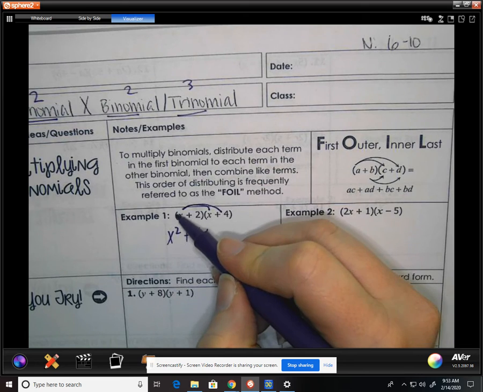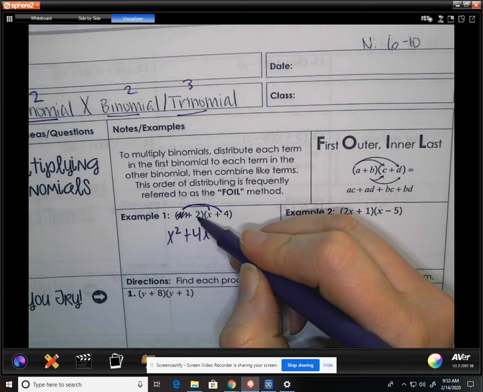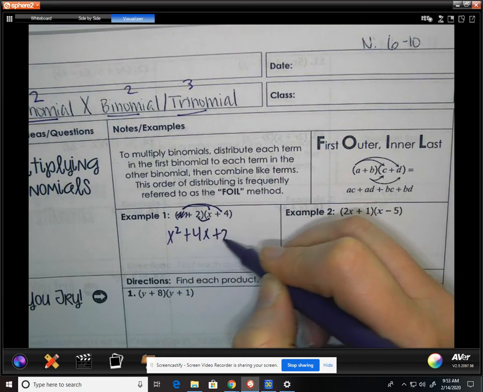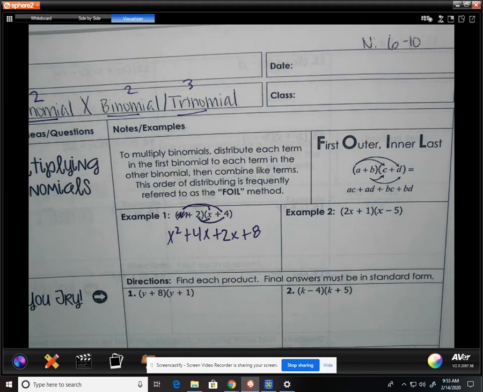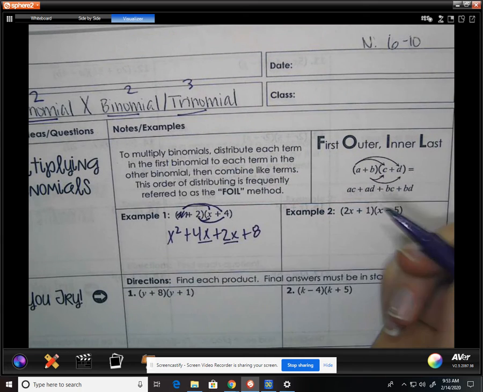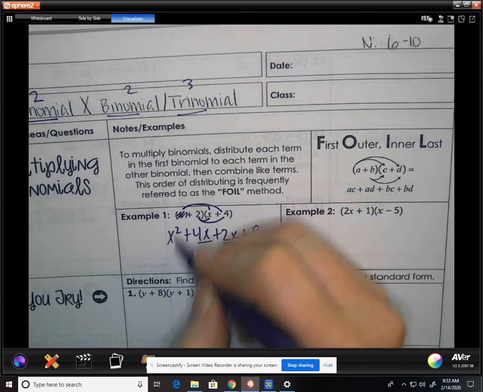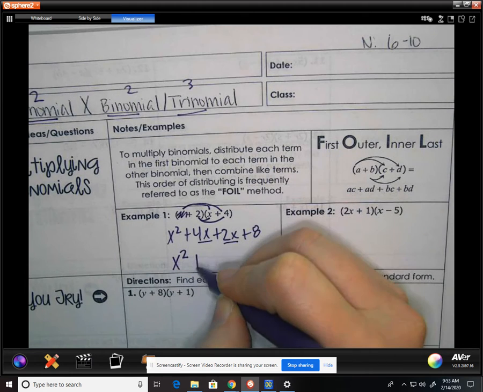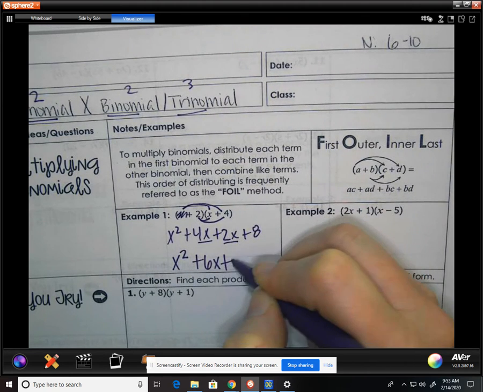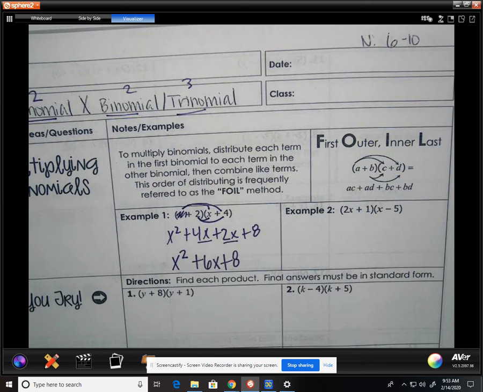Once you've done that, you're not using this x anymore. Now you distribute the 2. 2 times x is 2x, and 2 times 4 is 8. Since these both have x's in the middle, they can combine. So I write this in standard form. The x squared is the biggest, so x squared goes first. 4x plus 2x becomes 6x, and then I bring down plus 8. That's the final answer. You're done.